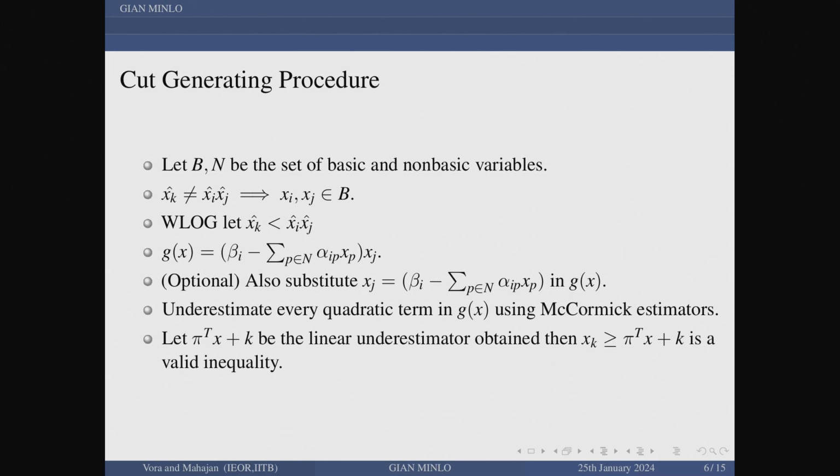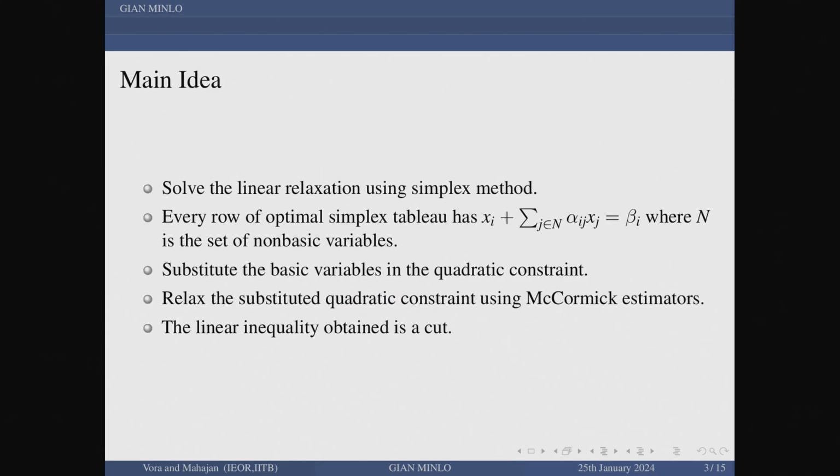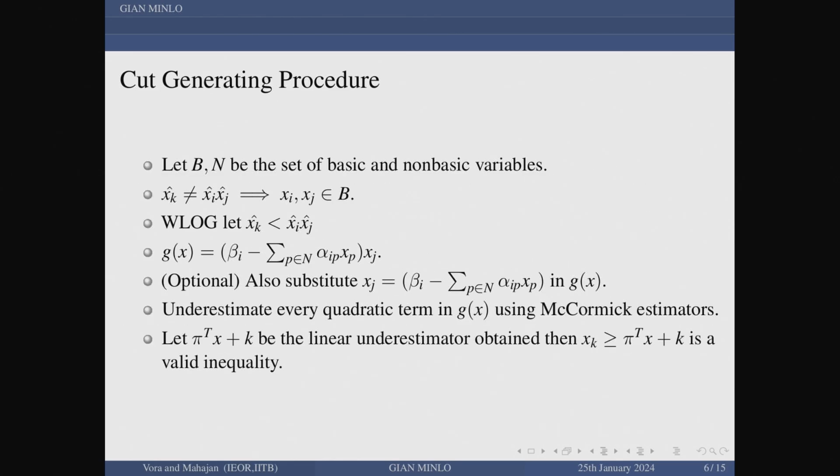You construct a new quadratic constraint where you have substituted the xi variable using the simplex row. From this simplex row, you substitute xi, which is readily available from the tableau. Optionally you can also substitute xj there. Both is possible, but at least one you have to.